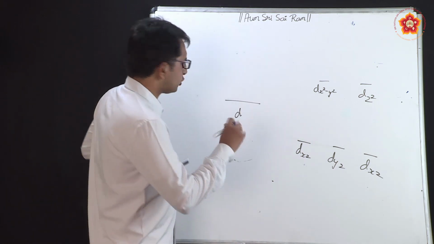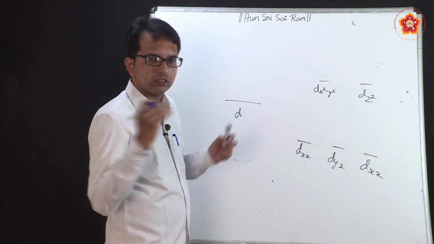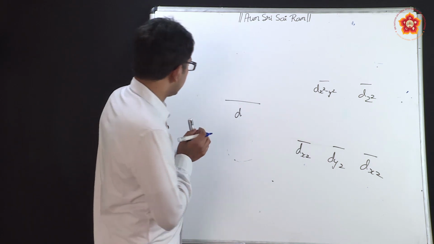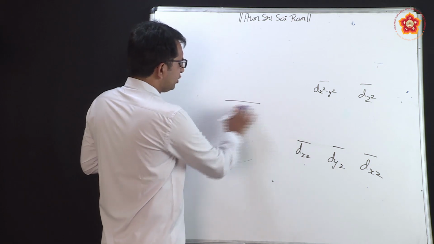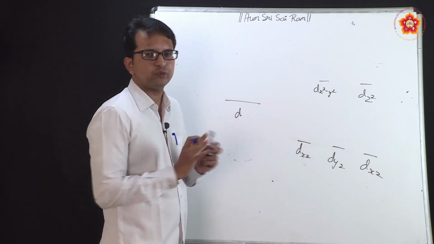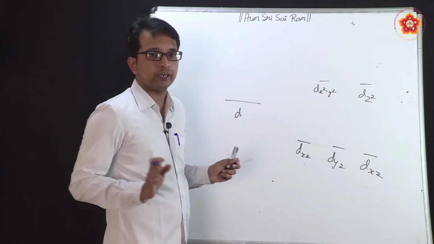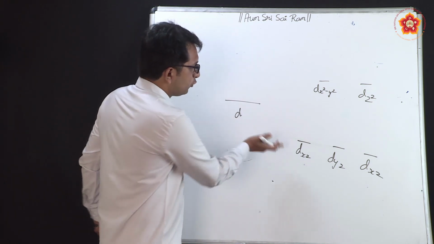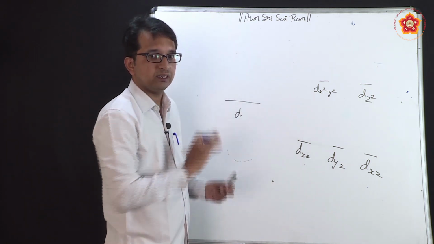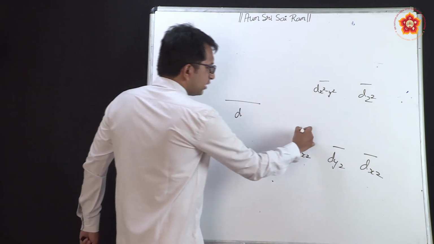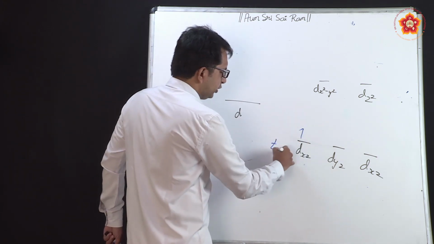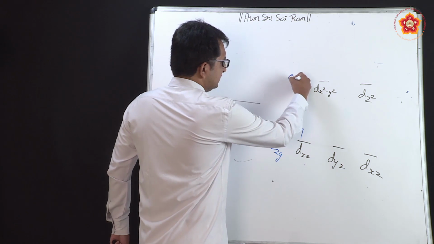Now when the first electron comes from the central metal ion, when it is only d, you could write it in any one: dxy, dyz, dzx, or dx square minus y square, dz square. But here we have to follow the rule that lower energy levels are filled first and then higher energy levels. So the first electron will naturally come here. This is named the T2g level, and this is named the eg level.